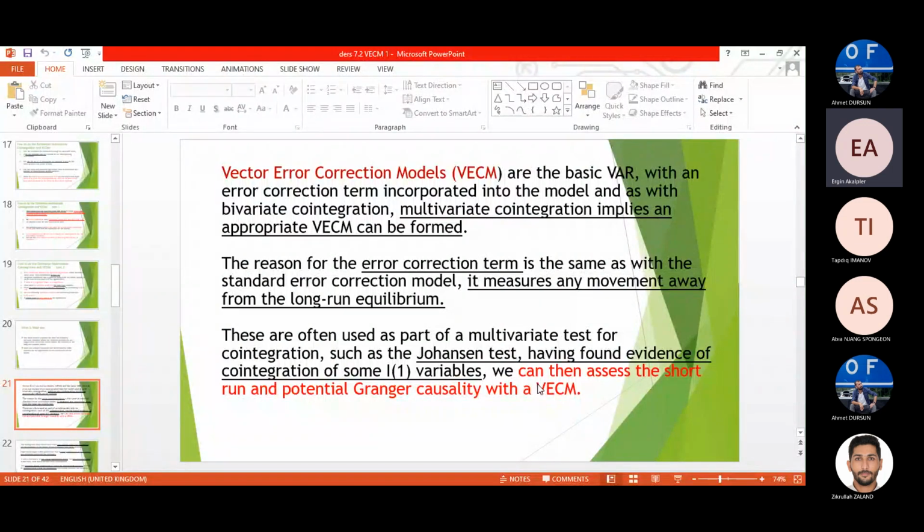It measures any movement away from the long-run equilibrium. These are often used as a part of multivariate tests for co-integration, such as the Johansen test. Having found evidence of co-integration of some I(1) variables, we can then assess the short-run and potentially Granger causality with the vector error correction model.